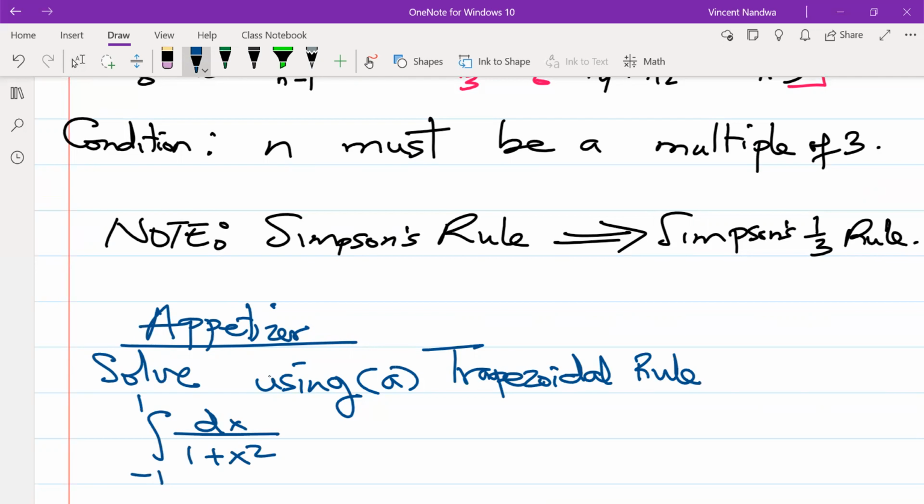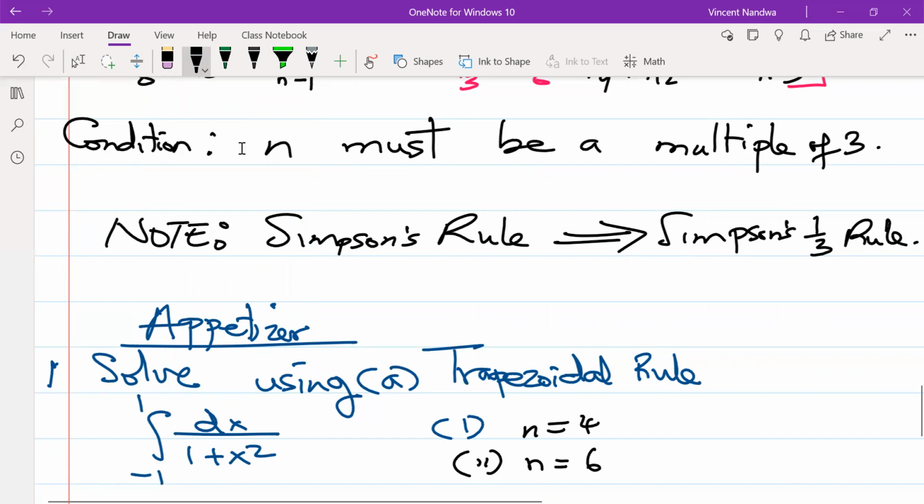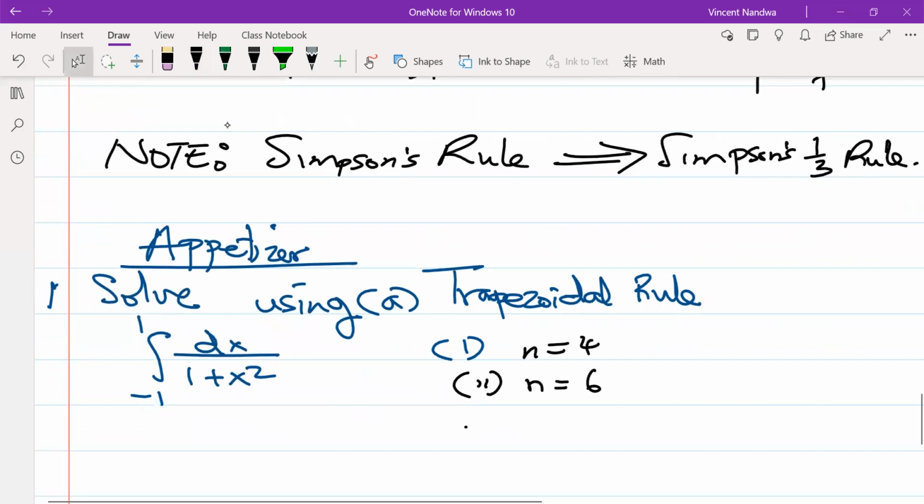So the first thing I want us to do is solve this question using the trapezoidal rule, first with n equals 4, second with n equals 6, and third with n equals 8.